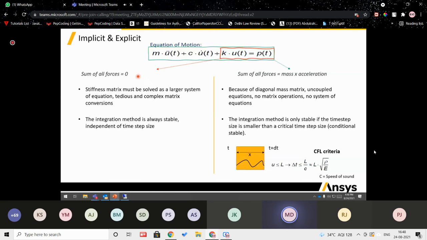So let's suppose this is F equals Kx. Here F is the force, K is your stiffness matrix, and this is your displacement.